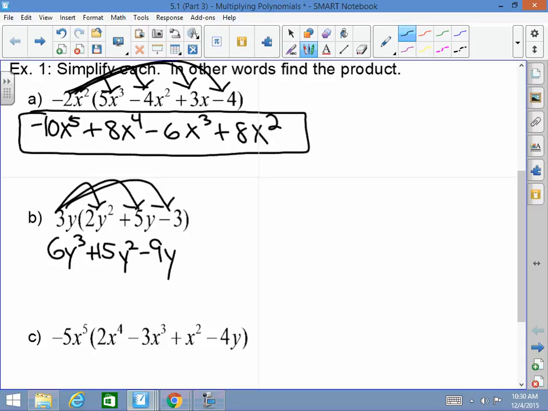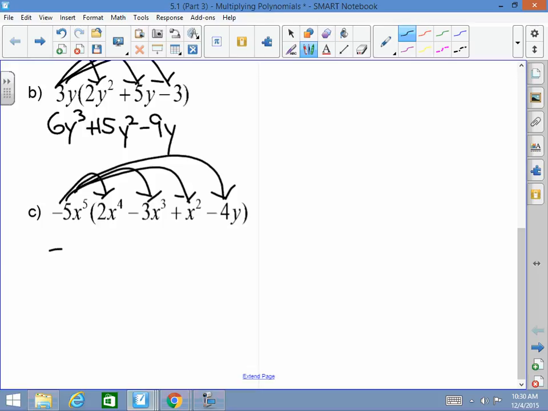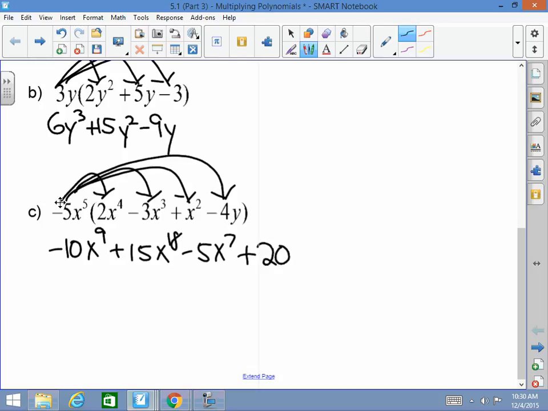So, next. Same thing here, guys. We're multiplying a monomial to a polynomial. So we're going to distribute this to every single term inside of the polynomial. So I've got negative 10x to the 9th plus 15x to the 8th minus 5x to the 7th plus 20x to the 5th y.